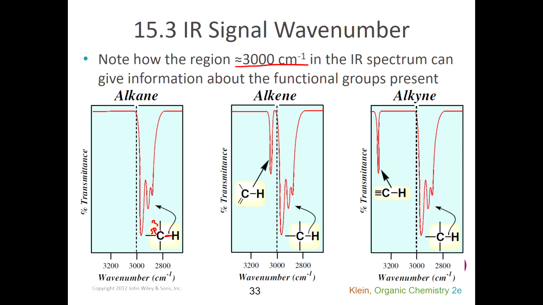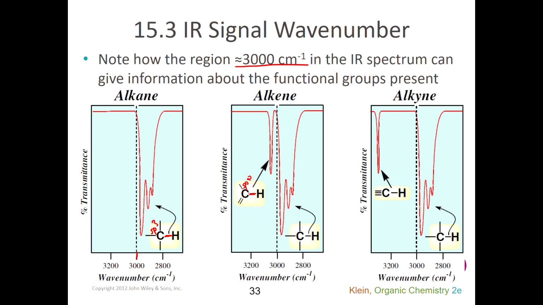If all the carbons that have hydrogens attached to them are sp3, then all those CH stretches will only absorb energy below 3000. If I see a peak between 3000 and 3100, that usually indicates a CH on an sp2 hybridized carbon.